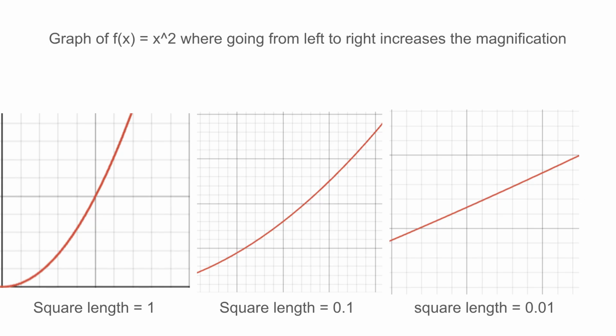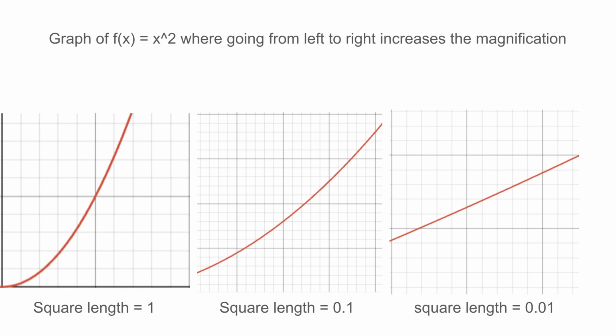Differentiation uses these same principles, but at a much smaller scale. Could even be considered infinitely small. If you see these three graphs, they have the square lengths in different units, with them being arbitrary.